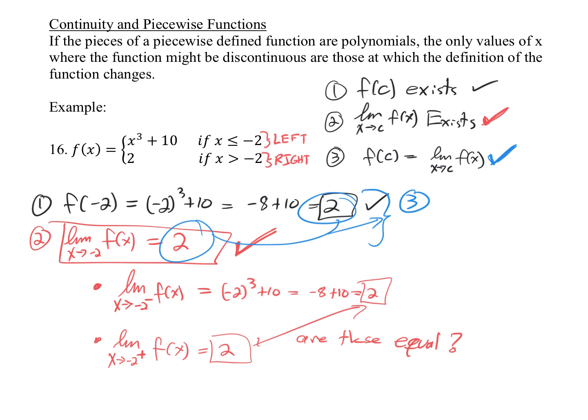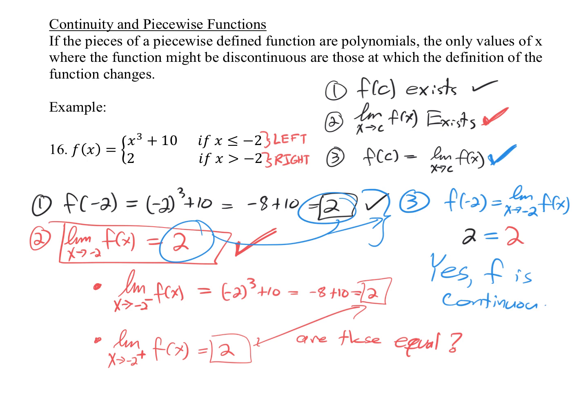Another way of saying that is, is f of -2 actually equal to the limit of the function as we approach -2? Well, the question is, is the first number we computed actually equal to that second number we computed? And we would say, yes, it is. So yes, f is continuous.